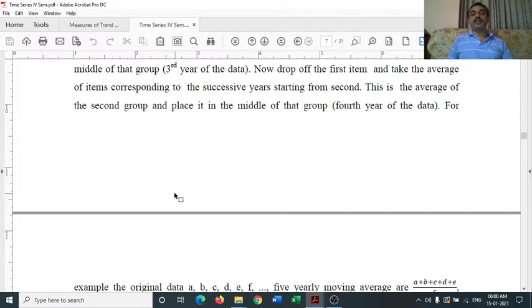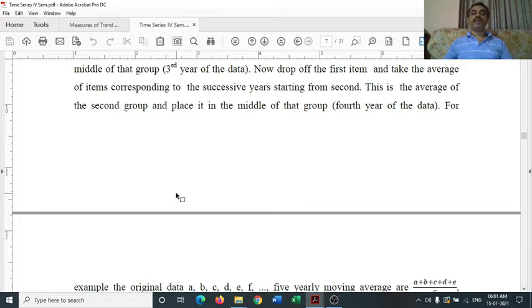In the case where the periodicity is an odd number, we can place this moving average at a unique middle year, the most middle year of that bunch. In the above example of 91, 92, 93, the 3-year moving average, 92 will be the middle of that bunch.